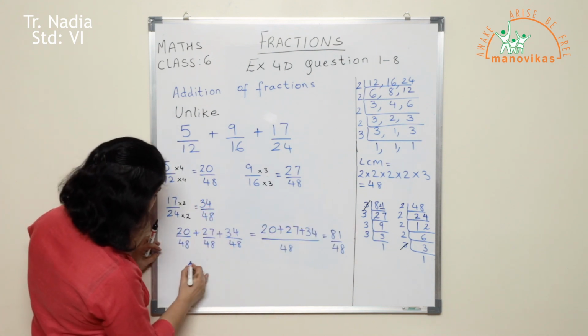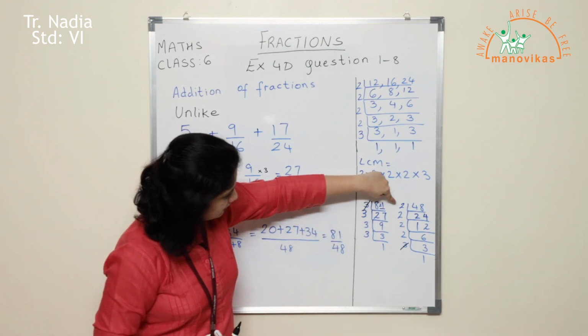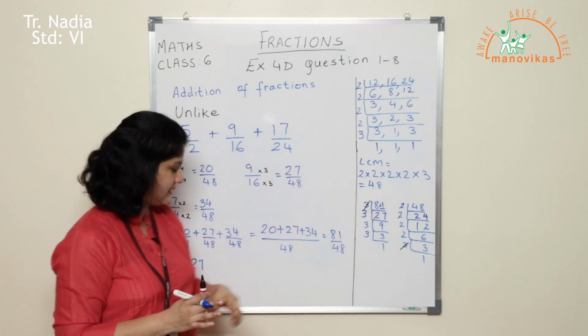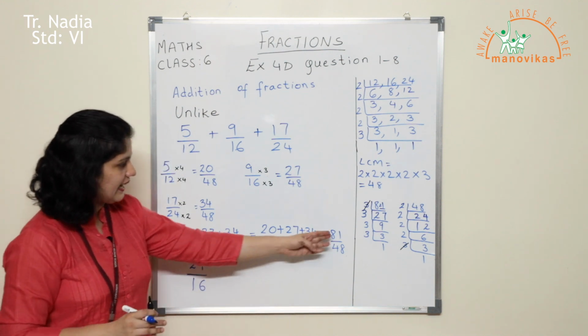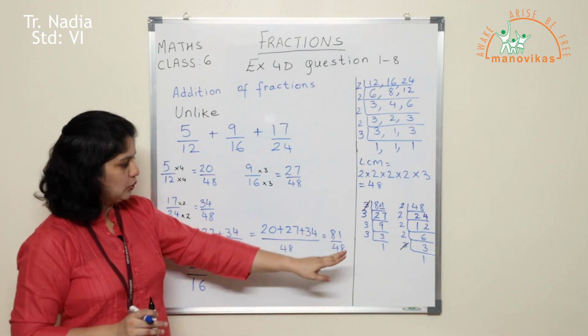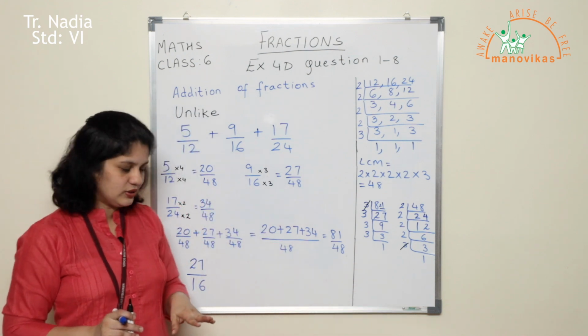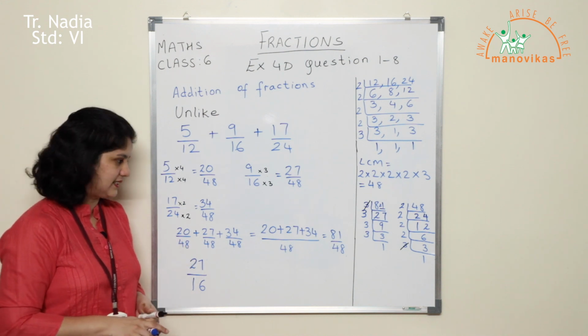So the numerator is now going to become 27 after reducing. Denominator will be 2 2s are 4, 4 2s are 8, 8 2s are 16. Denominator will be 16. So the fraction 81 upon 48, using this method of factorization, I have reduced. After reducing, it has become 27 upon 16.